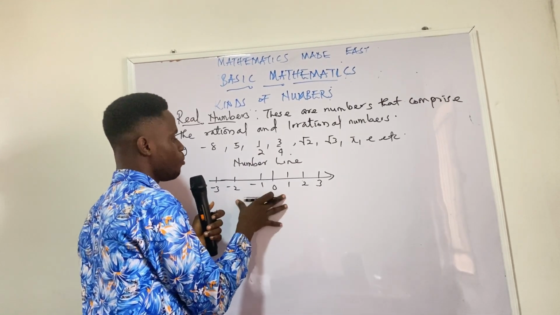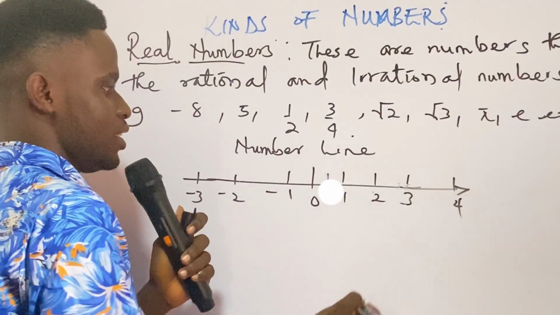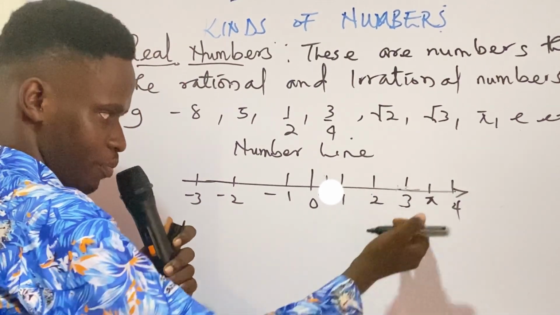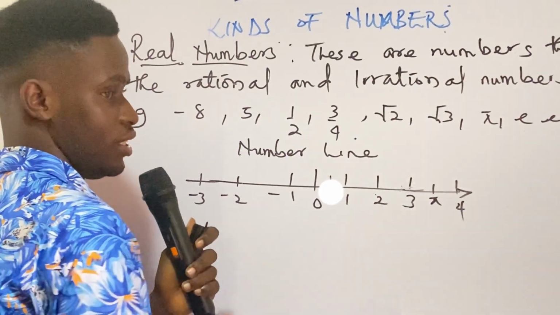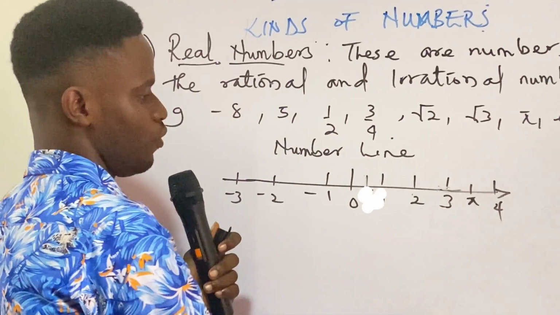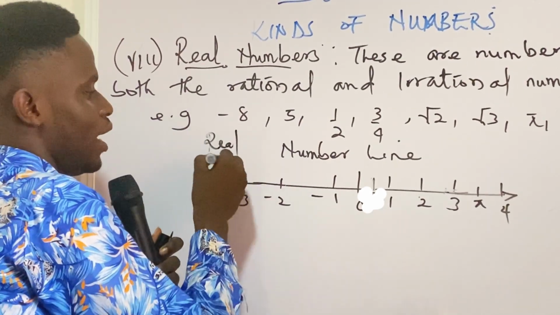However, there is more to the numbers on the number line. I can see my pi is in between 3 and 4. Yes, you can see pi here because the value of pi is 3.141 and so on, which is between 3 and 4. So this is what we call the real number line.